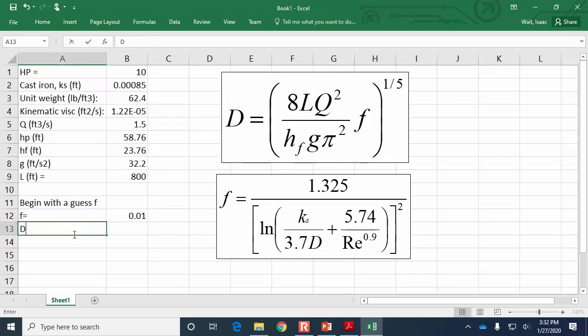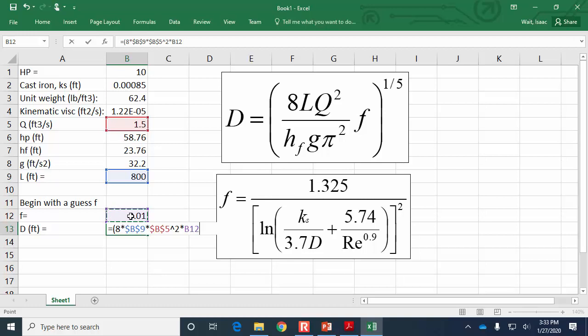All right, so this diameter in feet is now going to be based on the guess value of F. It equals 8 times length. I'll reference that with F4 so that it's locked, times Q, lock, and raise it to the 2 power, times F. This time I'm not going to lock the reference because I want to be able to copy and paste later on as I iterate.